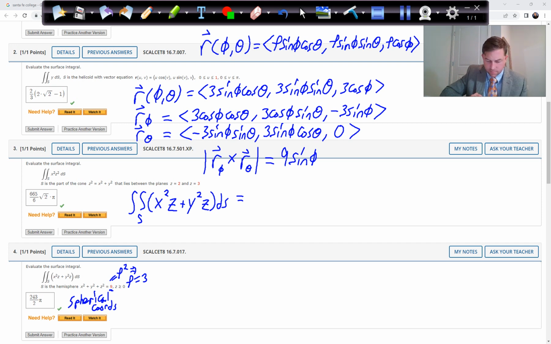Not really. We have to write this in terms of phi and theta. So anywhere we see an x squared, this whole, let me use this one.